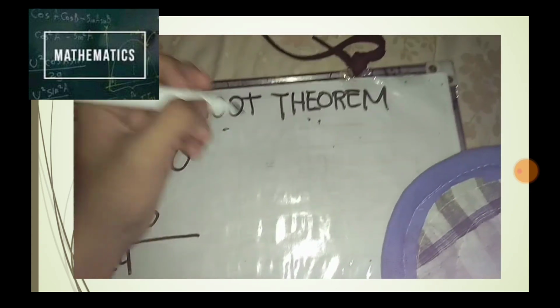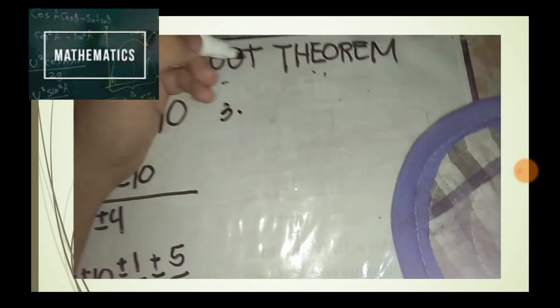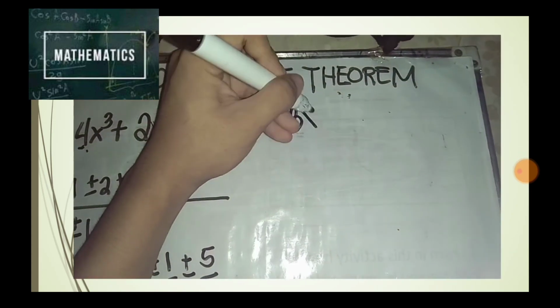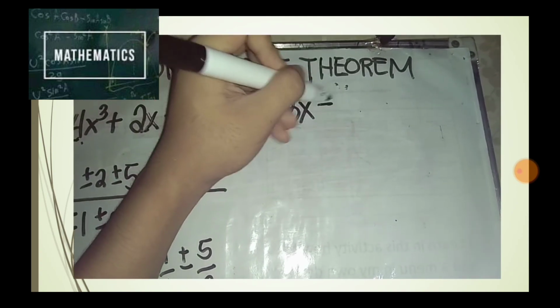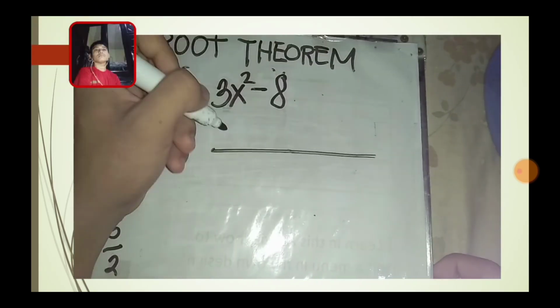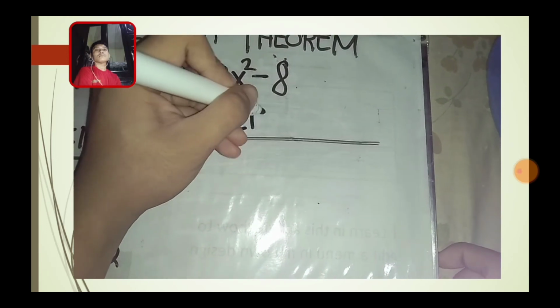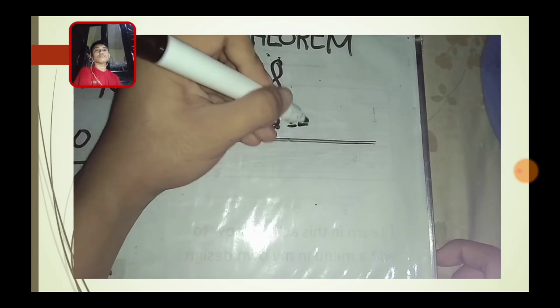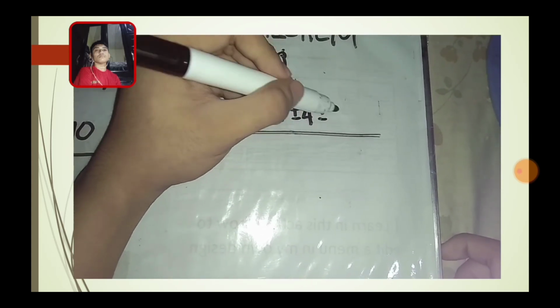So, another, we have 3x squared minus 8. So that we're going to, again, factorize the constant term. We have positive negative 1, positive negative 2, positive negative 4, and positive negative 8.